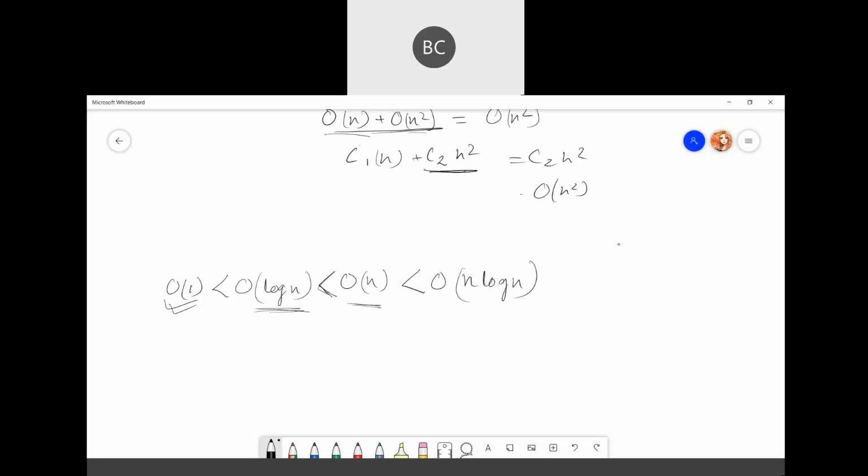Normally we get n log n in merge sort, a sorting algorithm. In merge sort, the complexity is n log n. Then we also have exponential-like times such as O(n squared). If any algorithm is taking O(n squared), that one is not very fast.